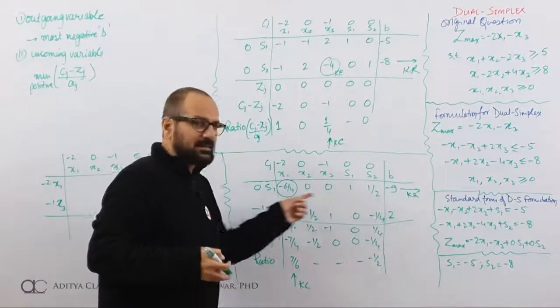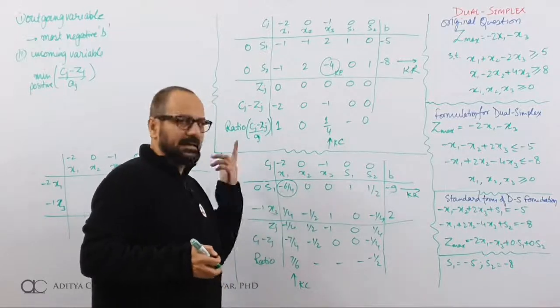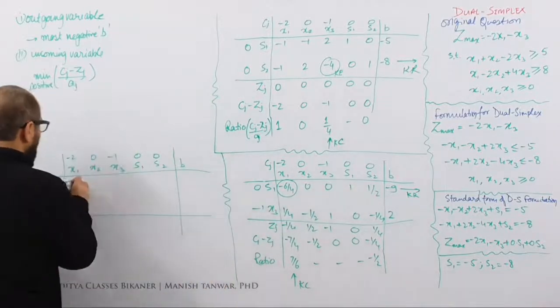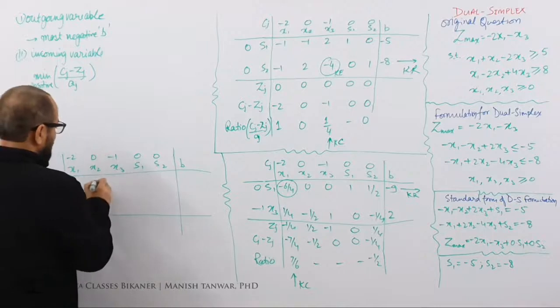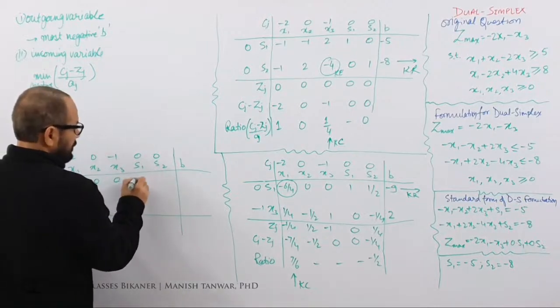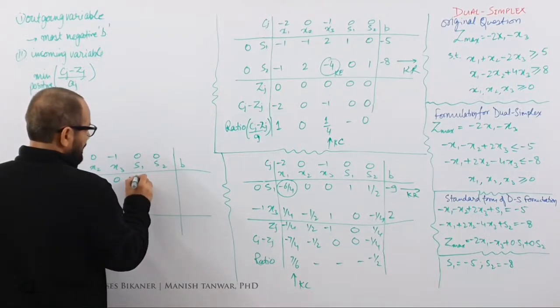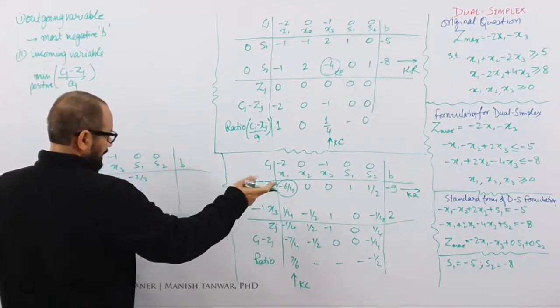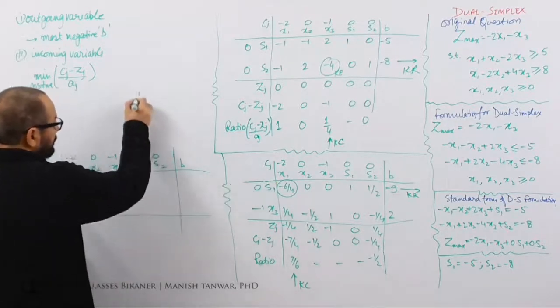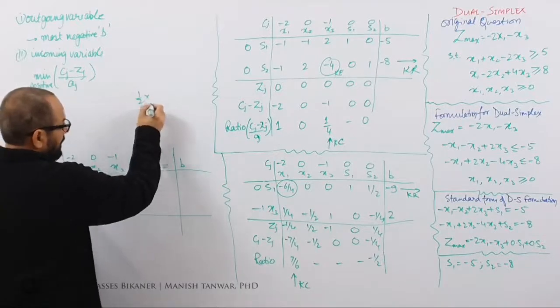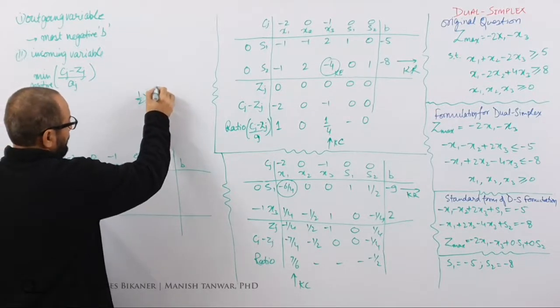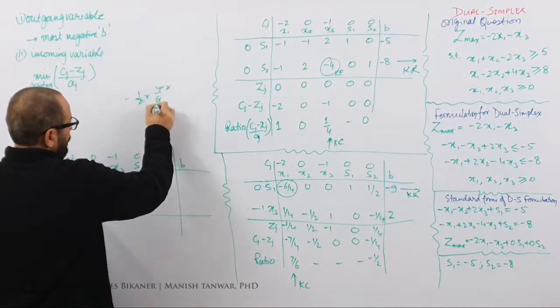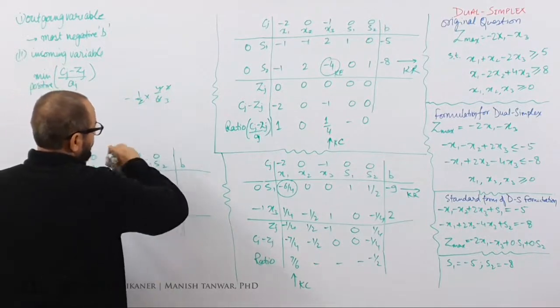We need to divide this complete key row by key element, giving me 1, 0, 0, minus 4 by 6, or I could write minus 2 by 3. And the last one would be a half divided by 6 by 4, making it 2 by 3.